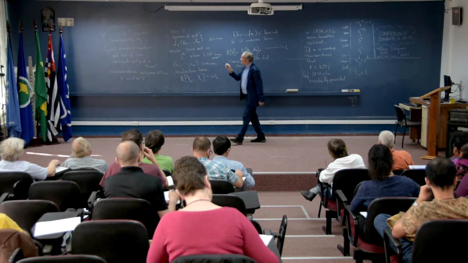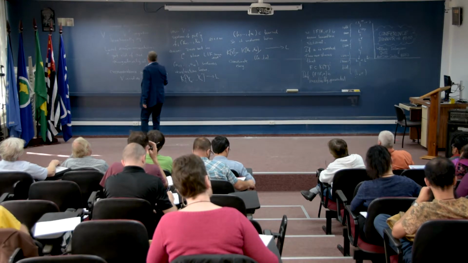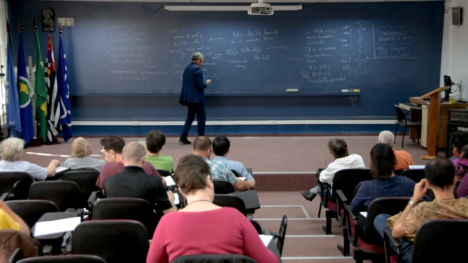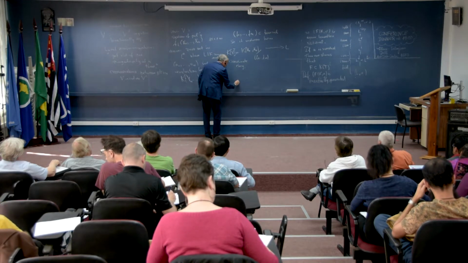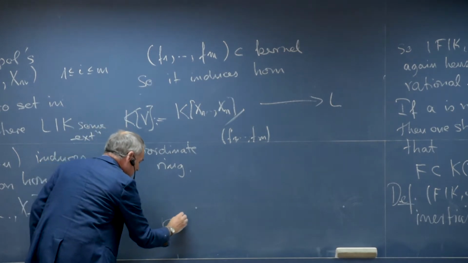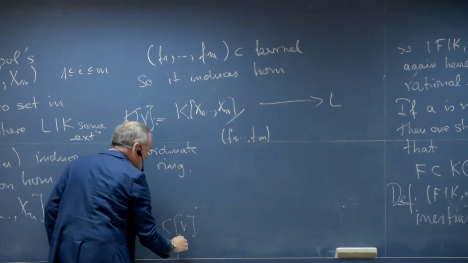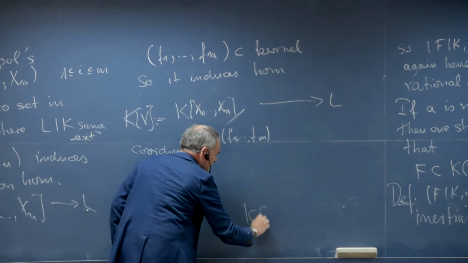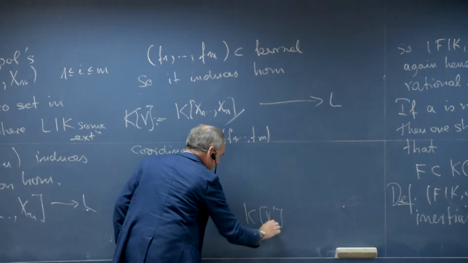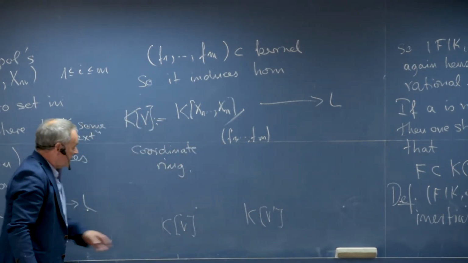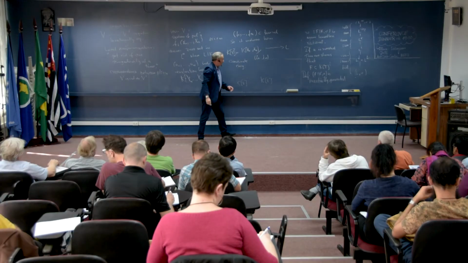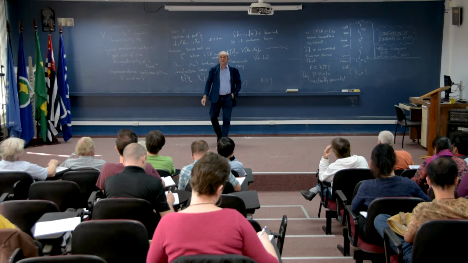And now we are able to set up the correspondence. So we have K[V], and we have some new variety V prime. We look at the homomorphisms here. How do we associate the homomorphisms here?